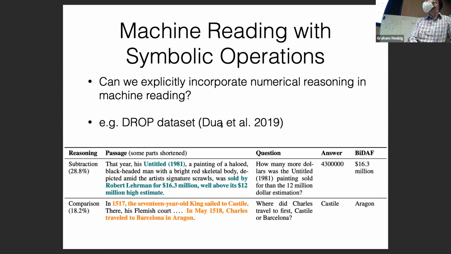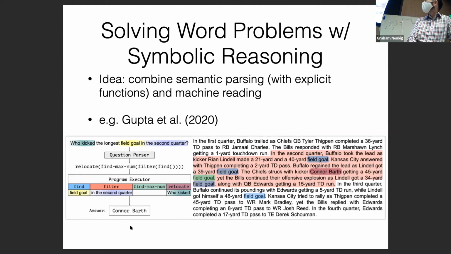There are a number of ways that this can be fixed. There's a nice data set that tries to test these numerical reasoning capabilities called the DROP data set. It contains a bunch of different tasks like subtraction tasks and comparison tasks and other things like that. This is a model that was implemented on top of the DROP data set.